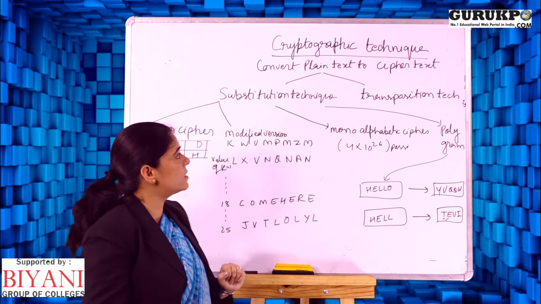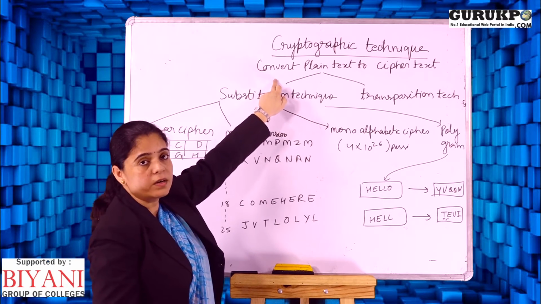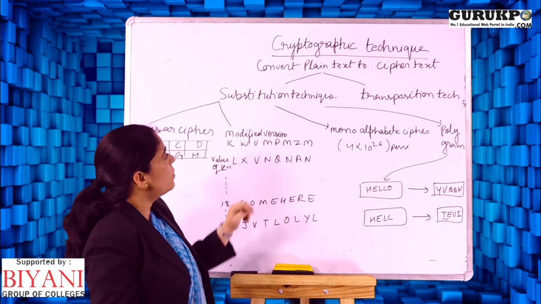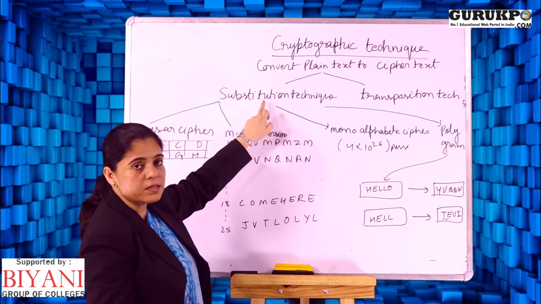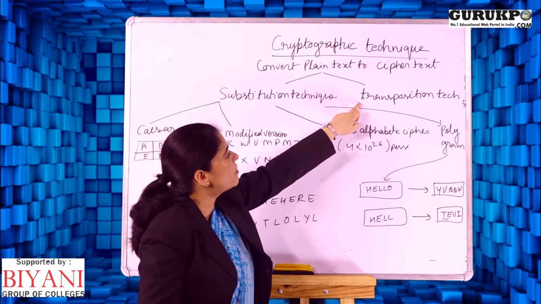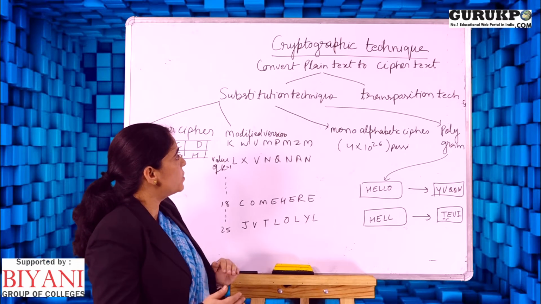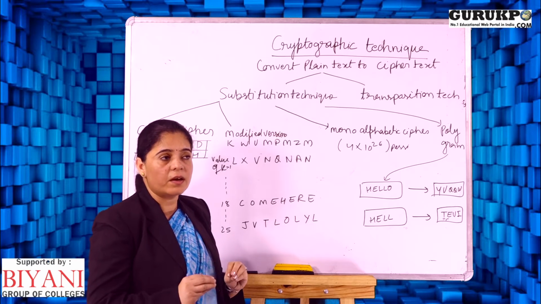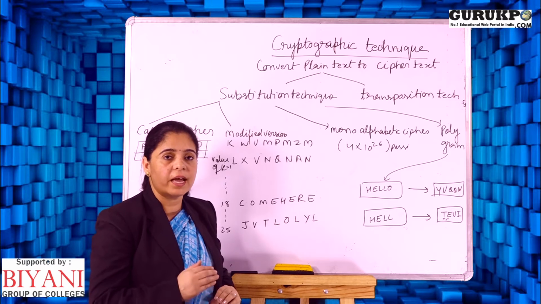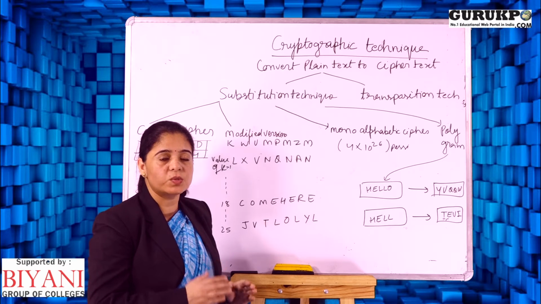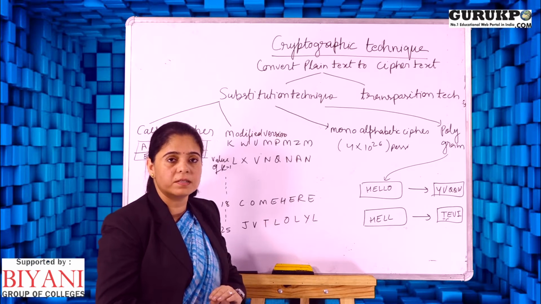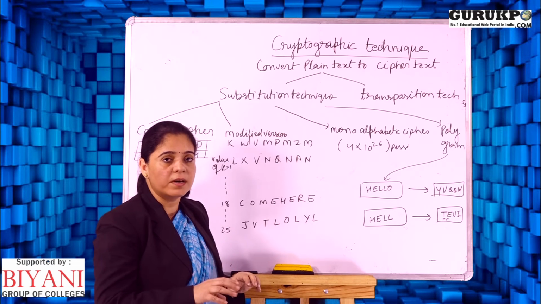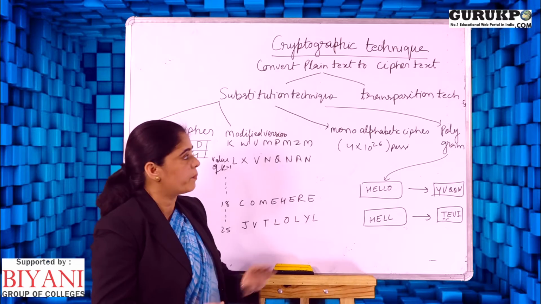Today we will discuss how we convert plain text messages into ciphertext. For this there are two techniques, the substitution technique and the transposition technique. Substitution means we substitute our plain text; when we are using alphabets, we change the alphabets to some other alphabets, numbers, or symbols.